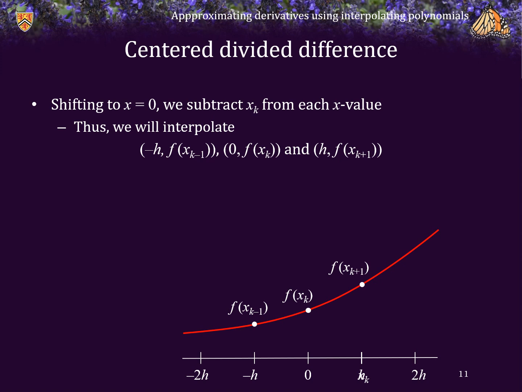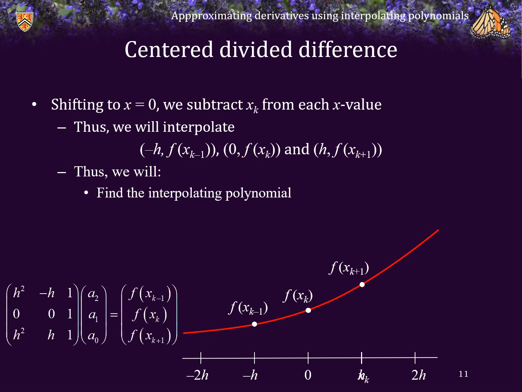Therefore, we're going to interpolate these 3 points instead. Consequently, we will find the interpolating polynomial, and we can do so by solving this very simple system of linear equations. You could even solve this yourself on a piece of paper, and you could easily find the interpolating polynomial.